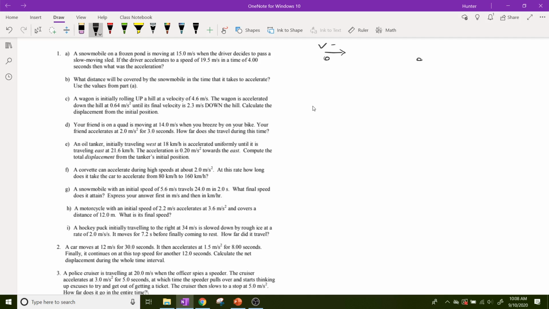My velocity is 15 meters per second. Then I'm going to draw a bigger arrow, and the velocity is now 19.5 meters per second. And it says that we did this over a time period of 4 seconds. What is the acceleration? Okay, we have kinematic equations to be able to solve for this.